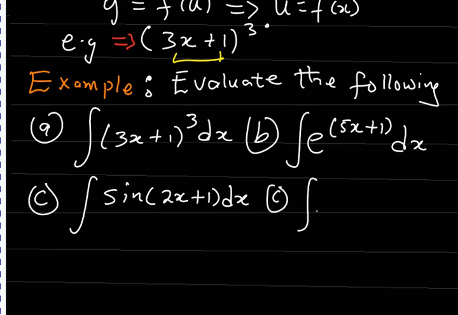D, the integral of 1 over 3x minus 2 with respect to x.